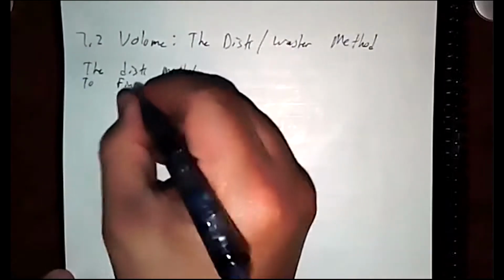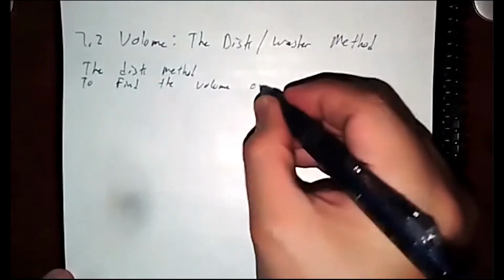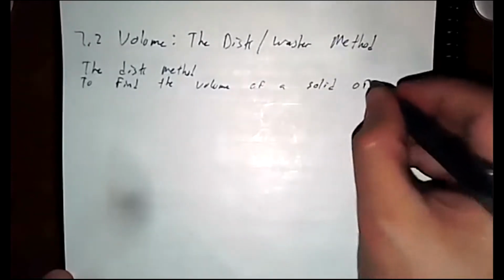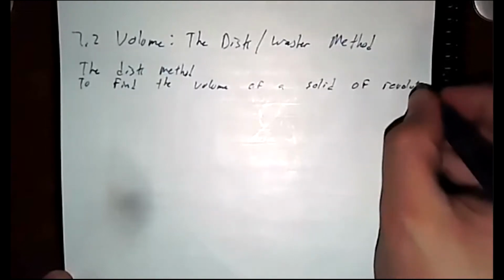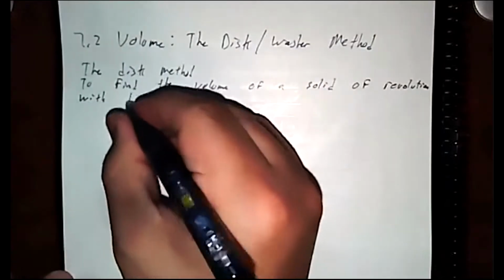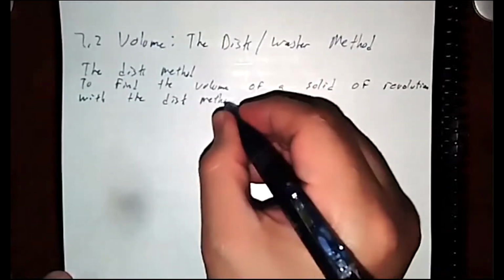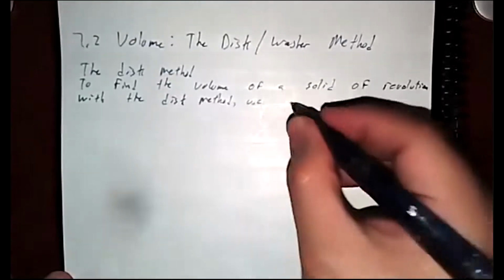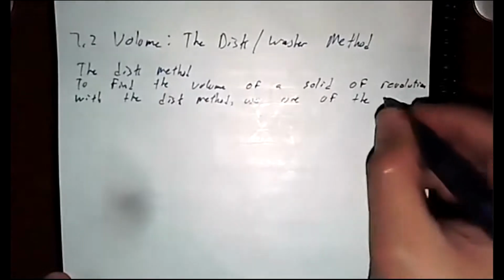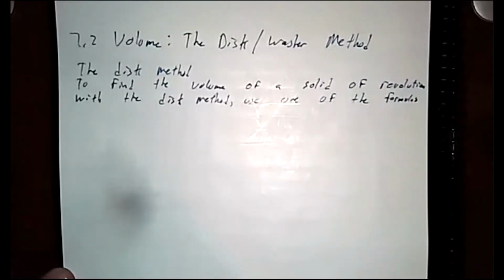To find the volume of a solid of revolution with the disk method, use one of the formulas below. Okay.